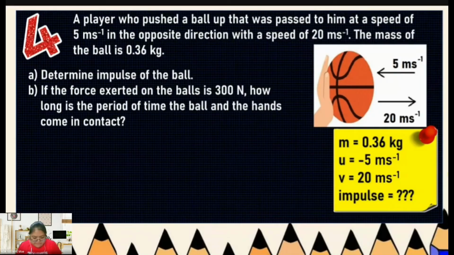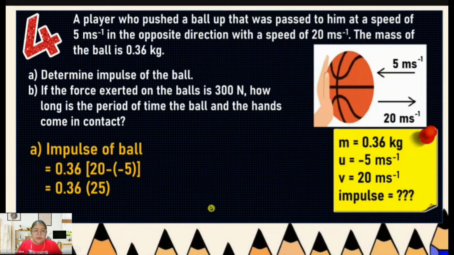Yes? Is it 9? Yeah, correct. Impulse is 9. Okay, so we go and see the first one. For part A, the impulse. Impulse formula: because the question never provided F, we cannot use Ft. So we use m(v minus u). I told you already, better to use the final as positive direction.